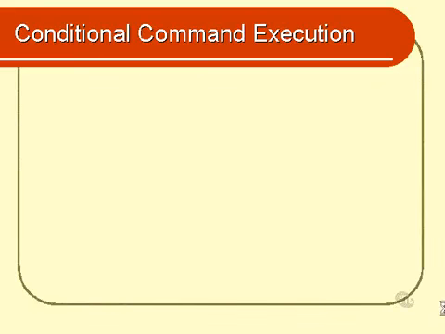Let's have a look at some examples of that. First we have a simple example. Do an ls of a file called file1. Now we use the double ampersand, meaning that the second of those two commands, which is actually to copy that file into the /temp directory, will only run if the ls returned a no error condition.